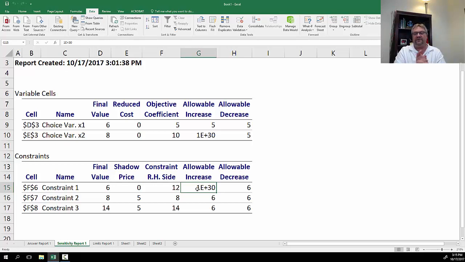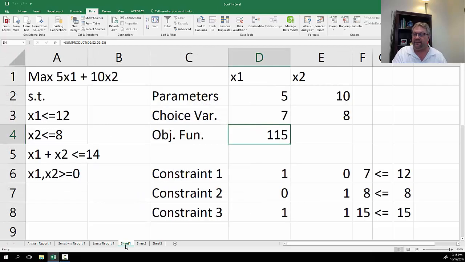And that shadow price of 0 will still apply. Or I could decrease constraint 1 by 6, and I'll still get a shadow price of 0. So I can show this to you. Now, why is this happening?